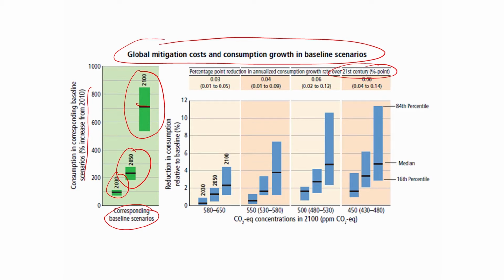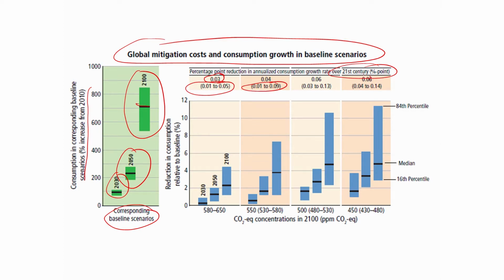So, this is kind of a complicated calculation where you define annualized consumption and then it has a metric, and then you look at the reduction, and you can see that the uncertainty ranges can be high. So, a point reduction of 0.03 has uncertainty from 0.01 to 0.05, 0.04 has 0.01 to 0.09.